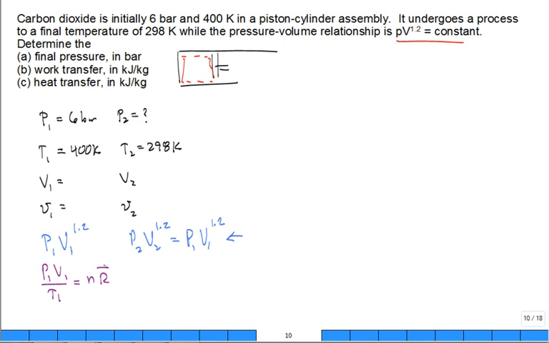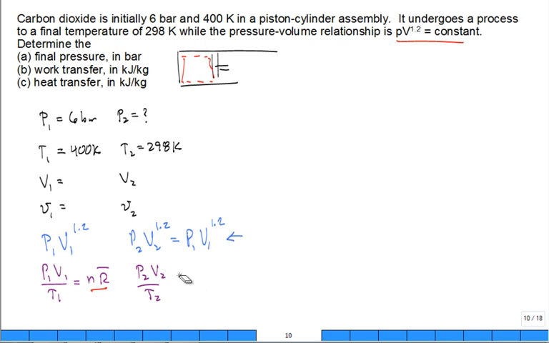Is that okay for the ideal gas equation? Look good? Come over here. P2 V2 divided by T2. Is that also equal to N R bar? Is N R bar the same as this?